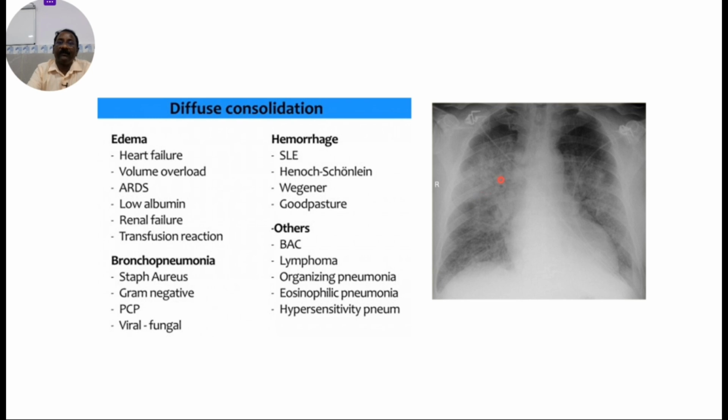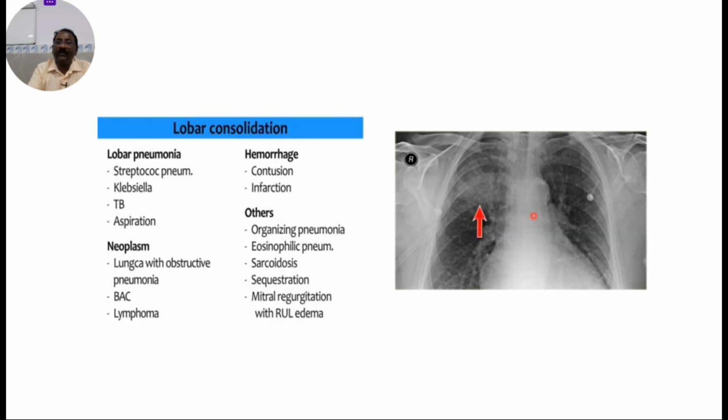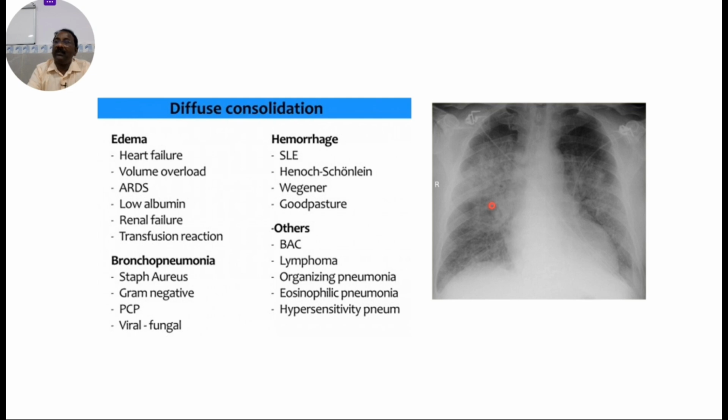See the difference. This is the diffuse consolidation. Not only on the right lung, but also on the left lung. See the difference here. So this is only the upper lobes. No mid lobe, no lower lobe, but exclusive in the upper lobes. Here it is the diffuse one. So the pathology is different.